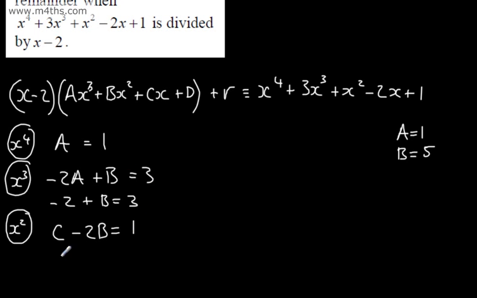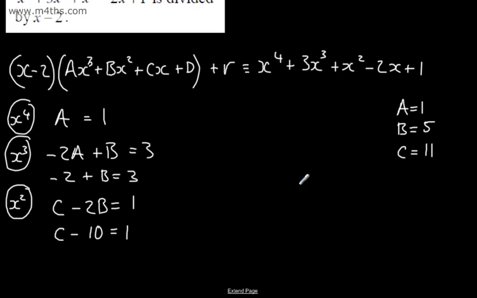So we can say c minus 2 lots of b, and that b here is 5, so minus 10 is equal to 1. So we can see that c is going to be equal to 11. So that's what we have, and we just keep going. On the next one, we're going to look at terms in x.